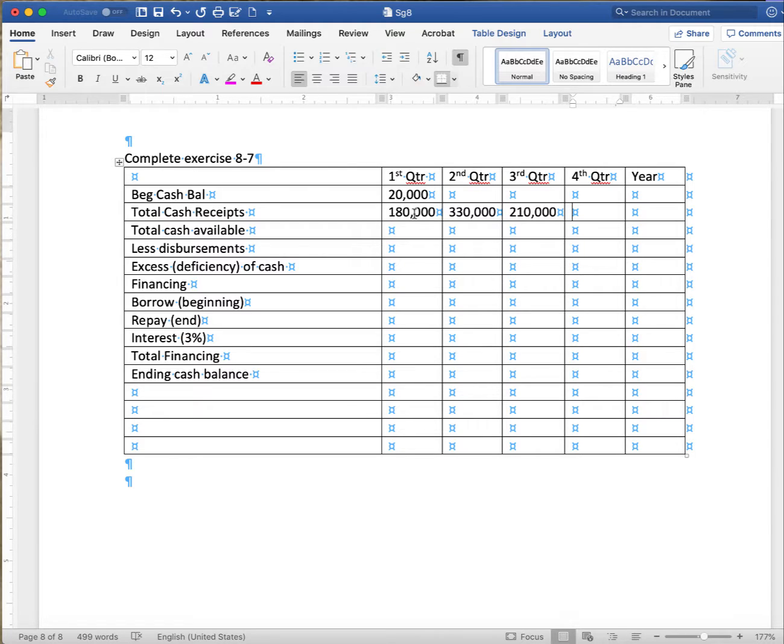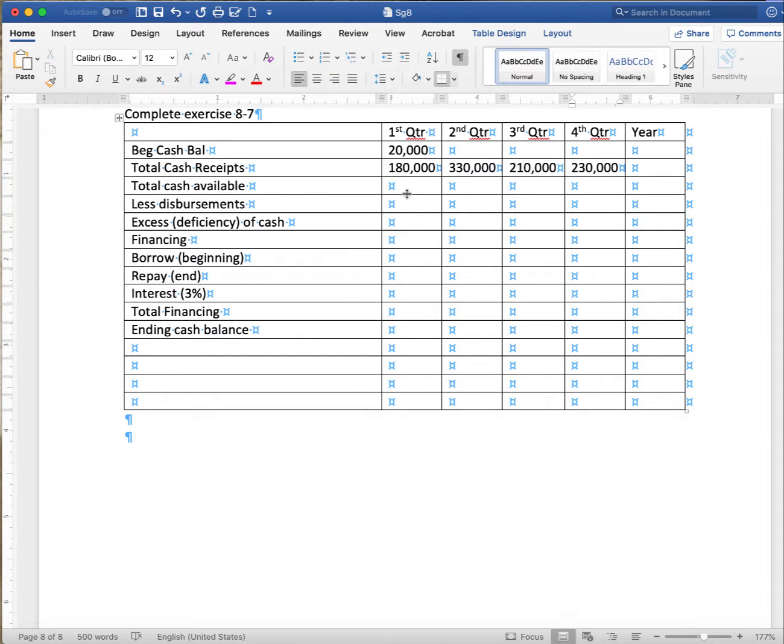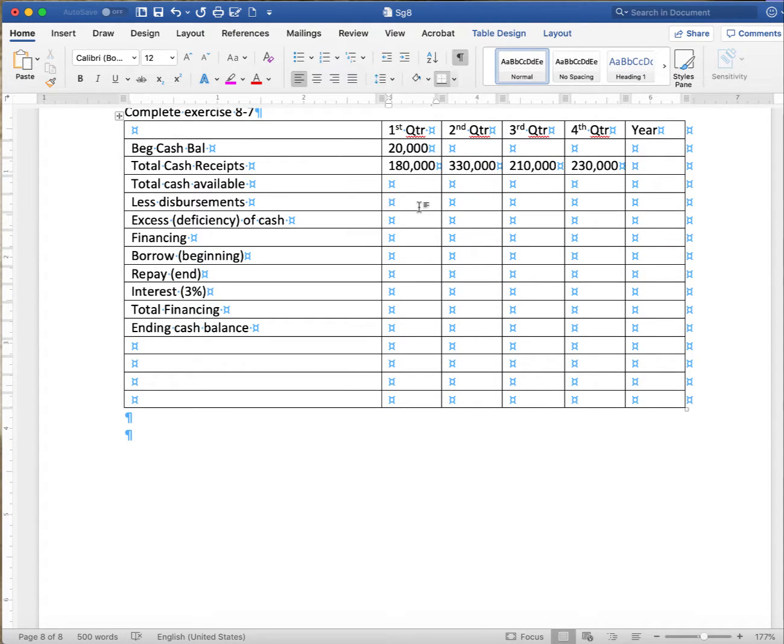For the fourth quarter, they are $230,000. Okay, I end up with my disbursements. I know what my disbursements are. They tell me $260,000 in quarter one. Second quarter is $230,000. Third quarter is $220,000. Fourth quarter is $240,000.